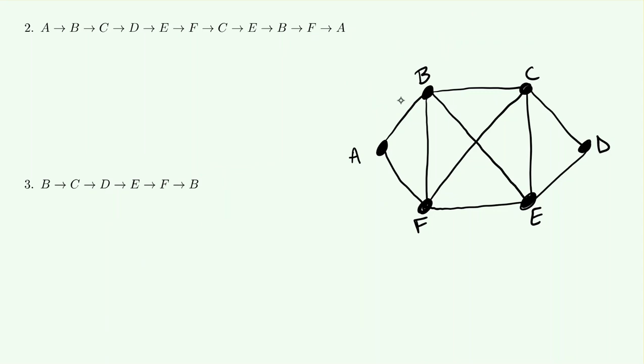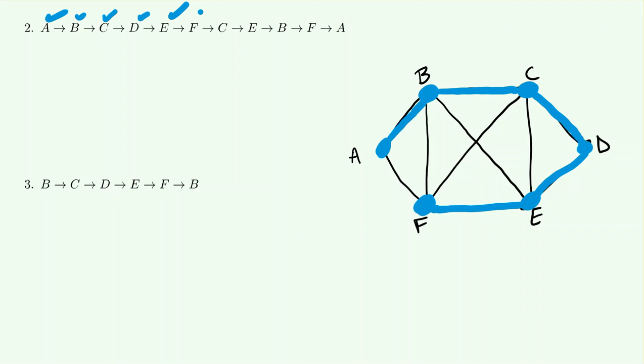Now for the same graph that I've just rewritten here, we're asked to consider if these are also Hamilton circuits, and if not, describe why. So continuing as before, we see that we're starting for the second one at A, and then it tells us go to B, then to C, then to D, okay, then to E, then to F, okay.